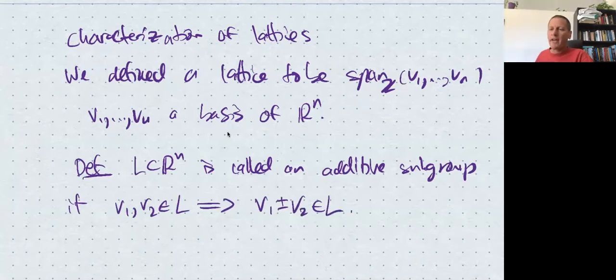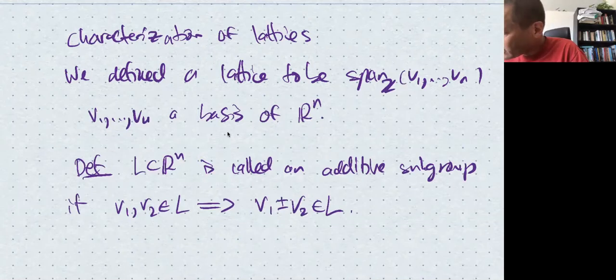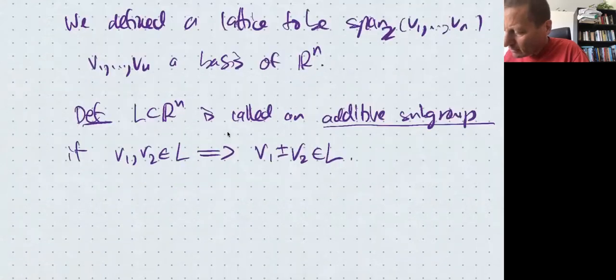Rn with addition is a group, and a collection which is closed under addition and closed under taking inverses is a subgroup. So that's the definition of an additive subgroup.